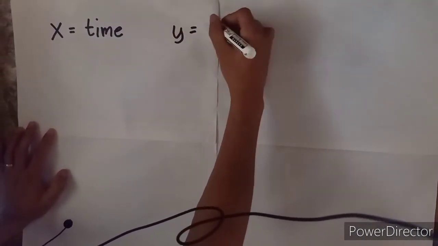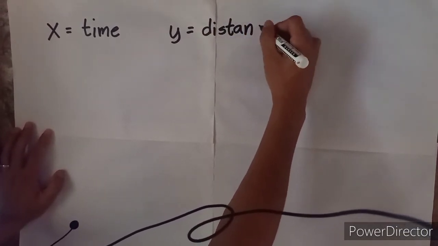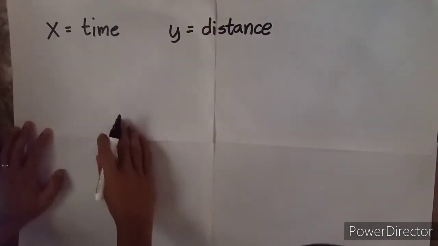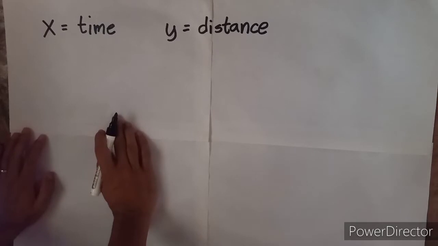Therefore, the two variables are time, which is represented by x, and distance, represented by y. Next, we put in the given values of distance and time.